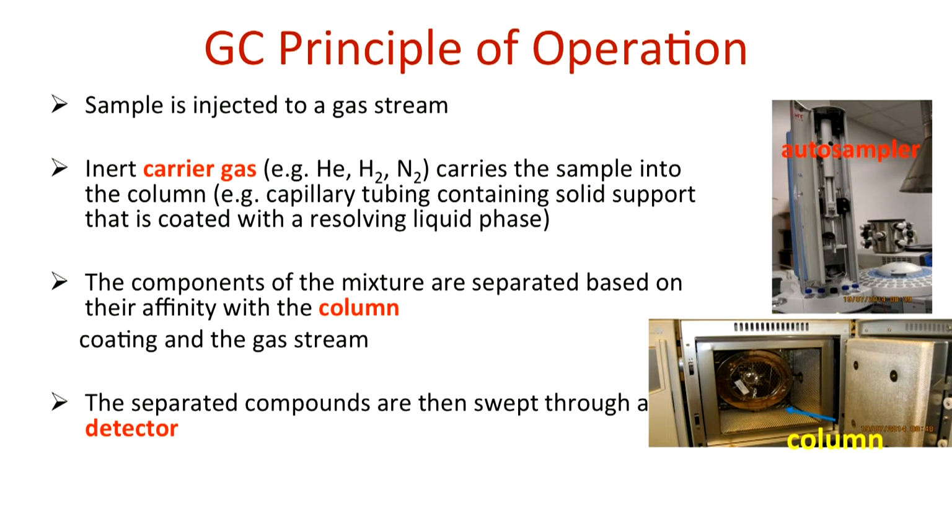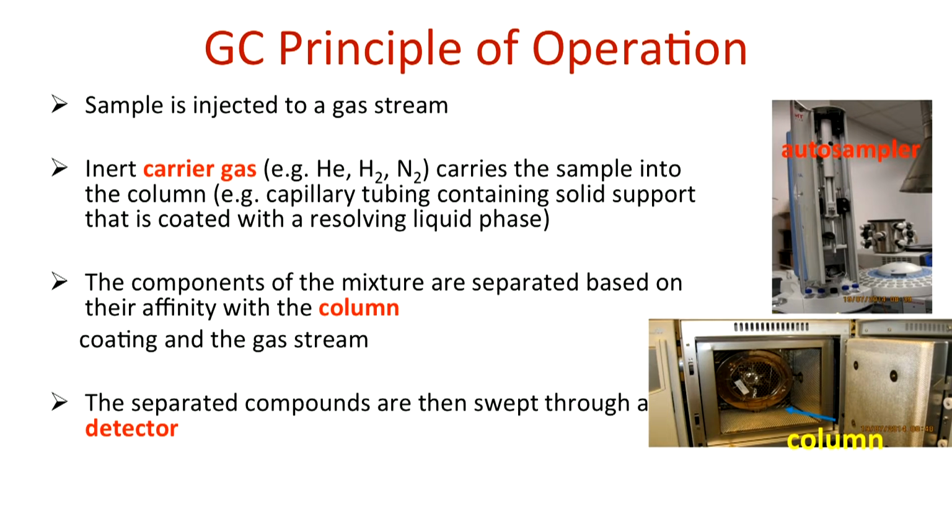So let's first introduce the principle of gas chromatography itself before going to the mass spec part. Your sample is usually in an organic solvent, but then it's injected into a liner, which is temperature controlled, and so it's converted to a gas stream. And then there's an inert carrier gas that constantly flows through the column.